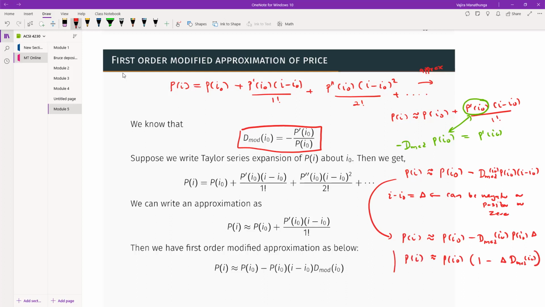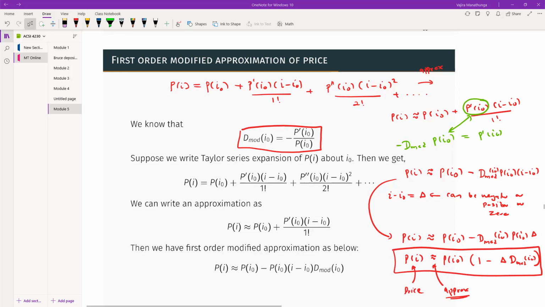So that's the approximation to price, using rate i0, I mean, using modified duration. So that's the first thing we want to discuss in here.